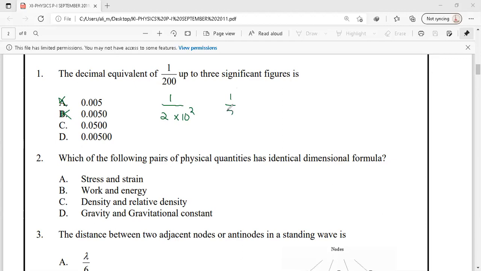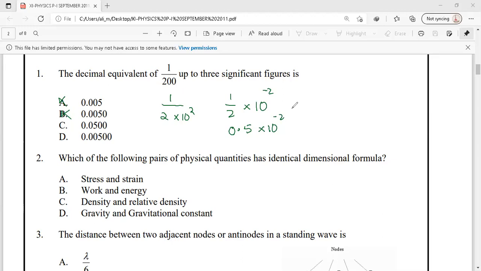So it will become 1 over 2 multiplied by 10 raised to the power minus 2, which is 0.5 multiplied by 10 raised to the power minus 2, or simply we will convert this into ordinary notation.